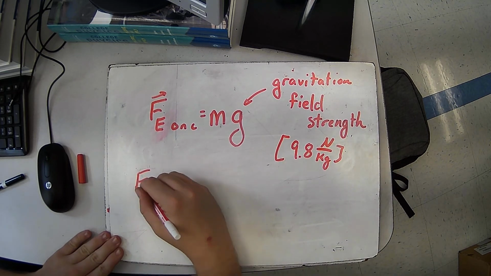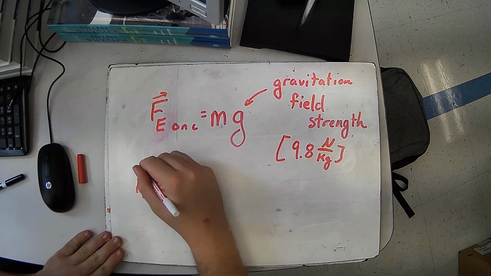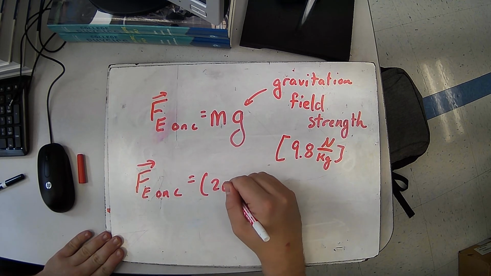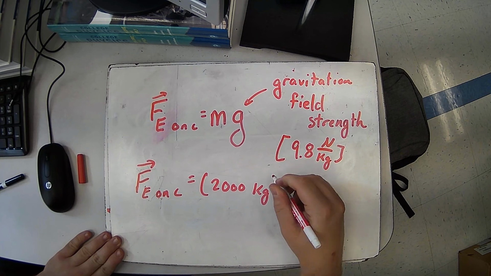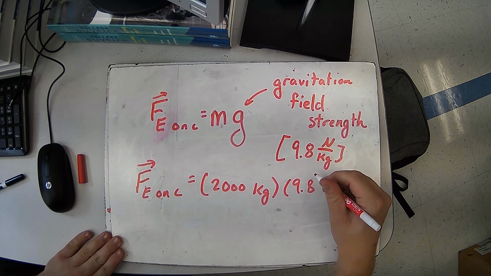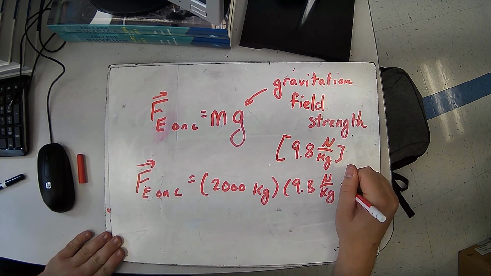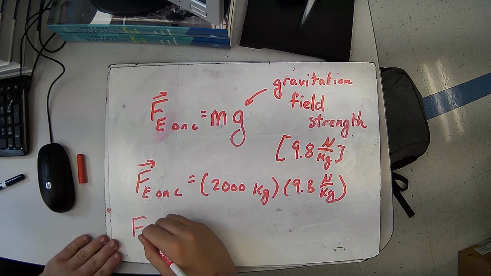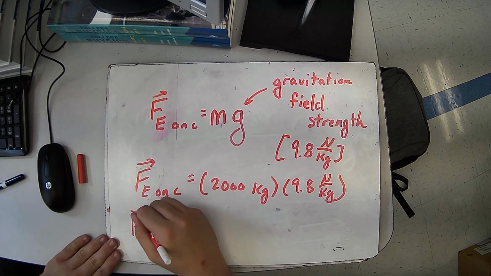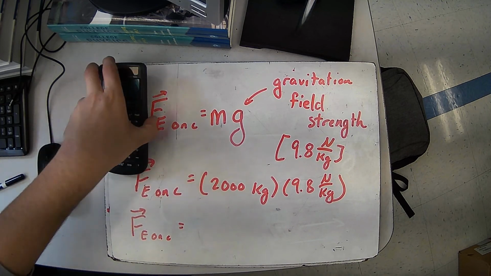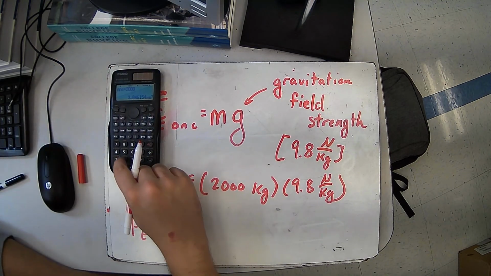Anyways, with that, the force that the Earth exerts on the car must be equal to 2,000 kilograms times 9.8 newtons per kilogram, which the force exerts on the car, therefore, is, grabbing my calculator again, I could probably do that in my head if I thought about it, but I don't want to think about it.